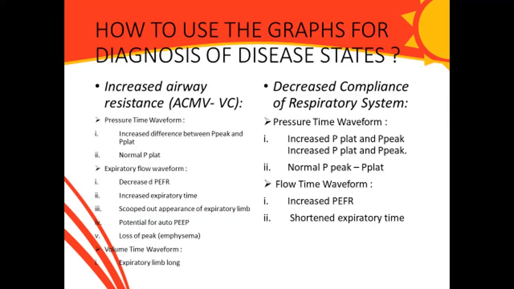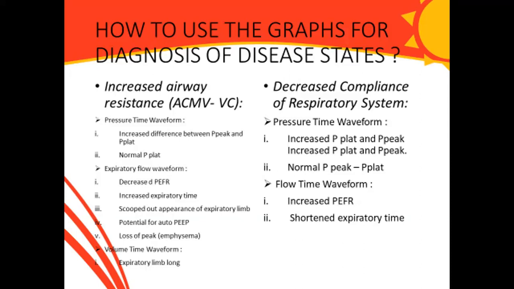All right, for airway resistance in expiratory flow waveform, this leads to a decreased peak expiratory flow rate. There's an increased expiratory time because don't forget that expiration is always passive, so it takes longer to overcome the obstruction, the resistance.